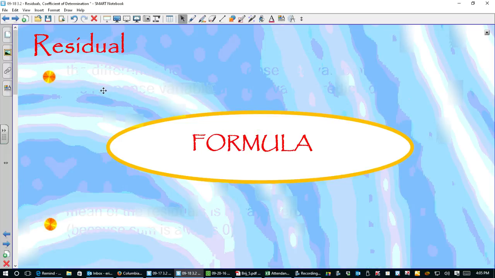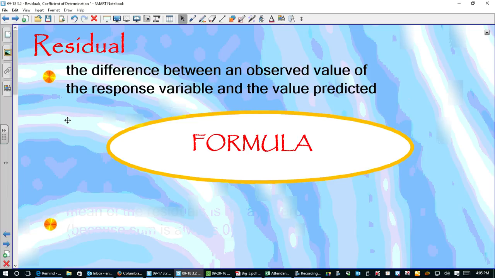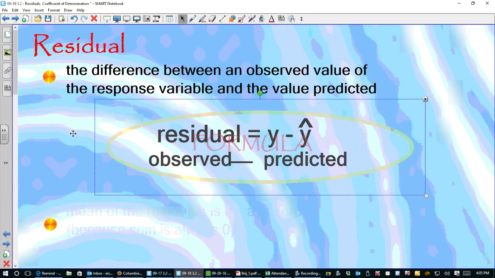A residual, remember, is the difference between the observed value of the response variable and the value predicted. So it's the difference vertically. We're talking about the difference between my actual y value that was observed, and my y hat value predicted by our least squares regression line.